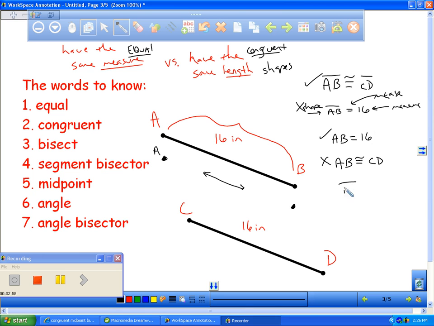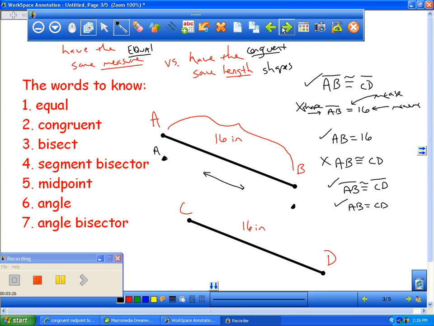So this would be segment AB is congruent to segment CD, or the measurement from A to B is equal to the measurement from C to D. This is good and this is good. So I think that gives you some sort of idea about equality versus congruent. Congruent is talking about shapes, which has length, and then equality is talking about measure, which has some sort of distance.